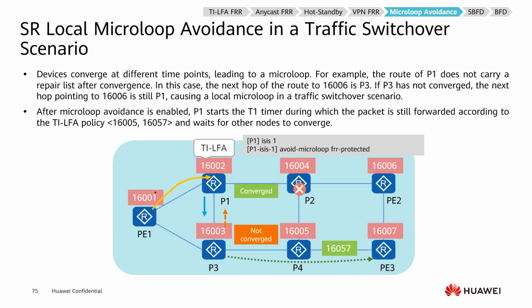So if you have any question about the micro loop, you can ask during SRv6. But here we give a very simple example. This is for the traffic switchover scenario, from the normal state to the backup state. Okay, it's like this.